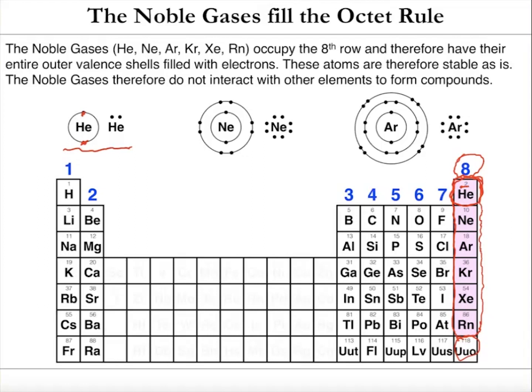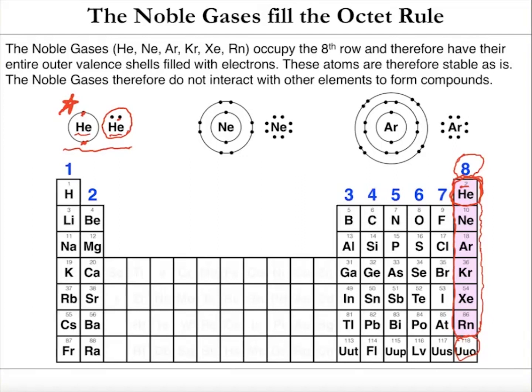This can be depicted in this way right here with this helium atom. This would be the nucleus, and then it has the 2 electrons surrounding that nucleus. So it's already stable just as an individual atom. Another way to write it is this way. You just write He for helium and then put those 2 electrons so that you know it's stable.